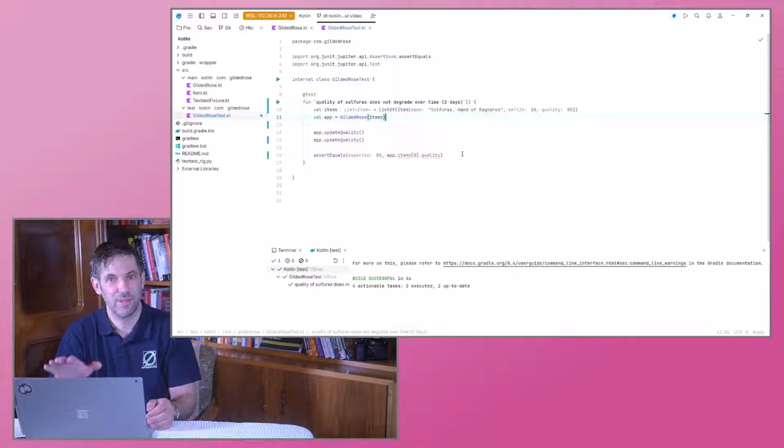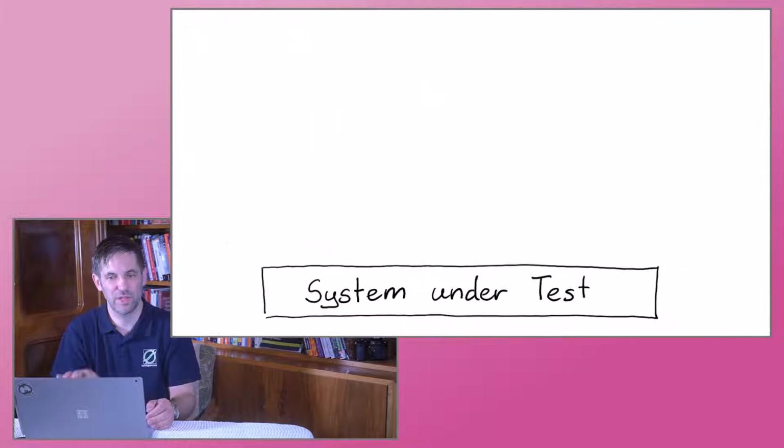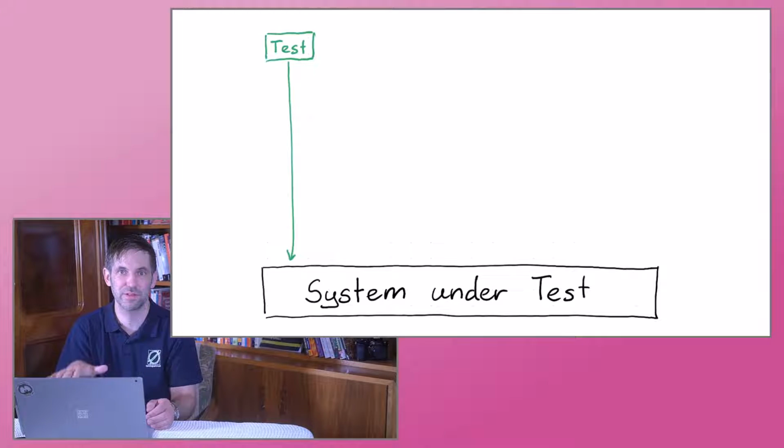This test uses the system under test directly, so the test code directly uses the system under test to perform some actions and to verify the result. This is okay for unit tests or for tests on a very low level of abstraction, but in this case I want to write the tests from the perspective of the user using language from the domain, and I think we could write the tests on a slightly higher level of abstraction to make them more readable.